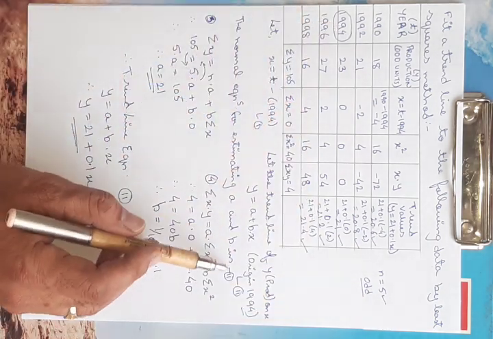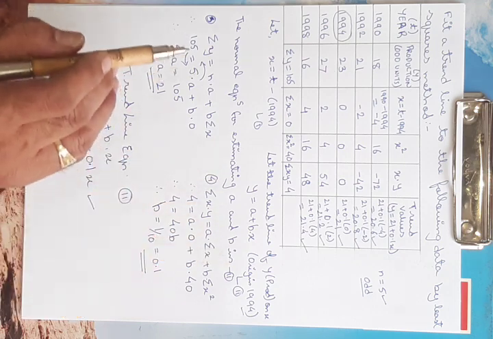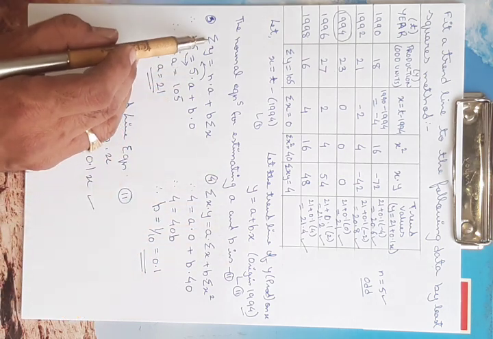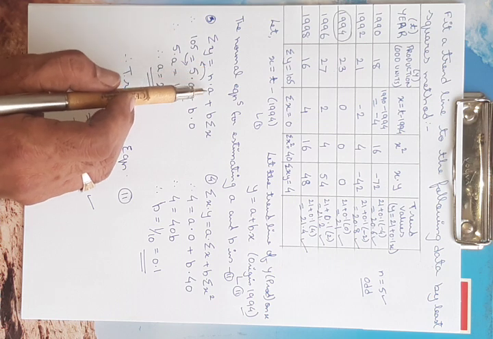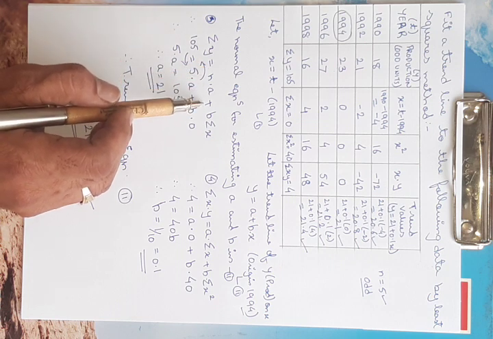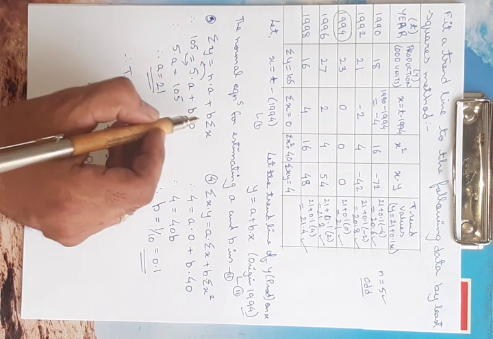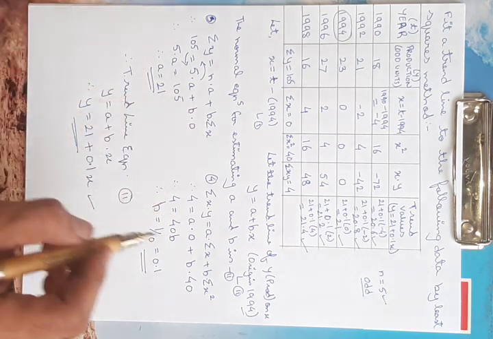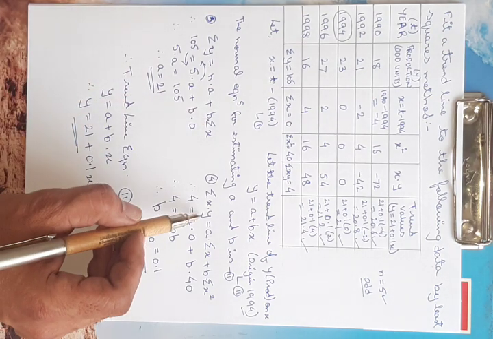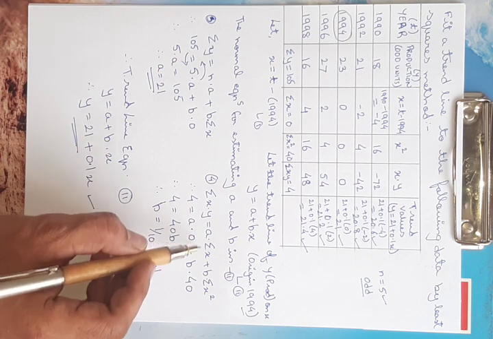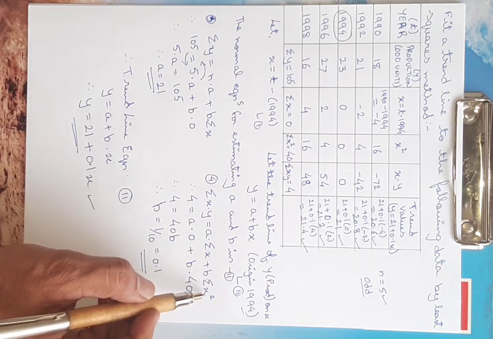Now the normal equations for estimating the values of a and b are given by, number 1, summation of y is equal to n into a plus b into summation of x, and the next equation, summation of x into y is equal to a into summation of x plus b into summation of x square.